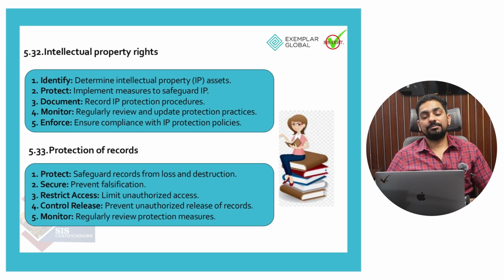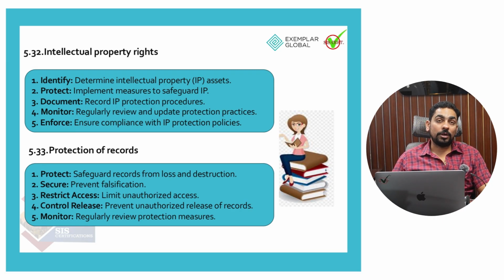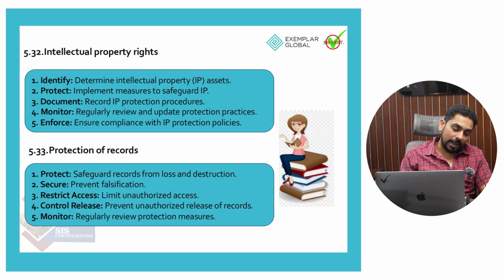Intellectual property rights. There are a lot of intellectual documents and a lot of intellectual information, for example the logo, the licensed agreements, the software privacy. Your own software, your own documents, your own procedures are intellectual properties. So you should have a system, a procedure, a policy to make sure that your intellectual property rights are adhered to and properly identified and controlled.